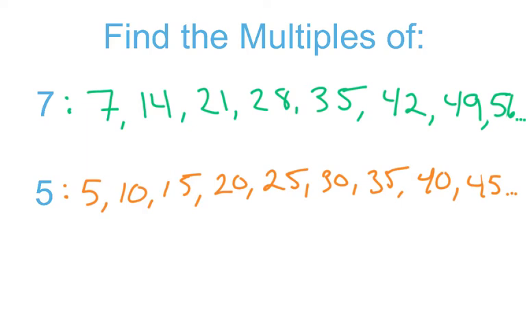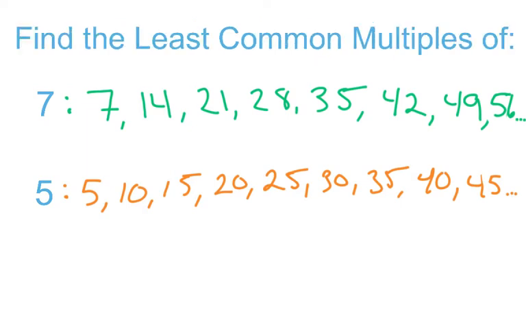What we really want to do now is start talking about finding the least common multiple. So when you're asked to find the least common multiple, let's break that down. Let's start with common multiples. Common multiples are multiples that both numbers, or all 3 numbers, or however many numbers you're comparing, have in common.